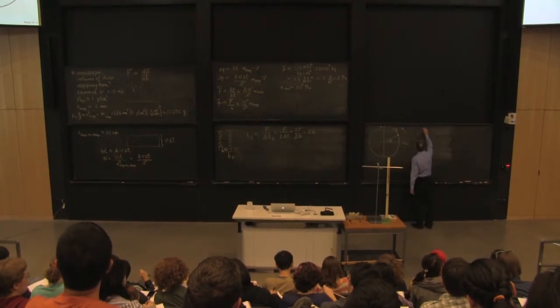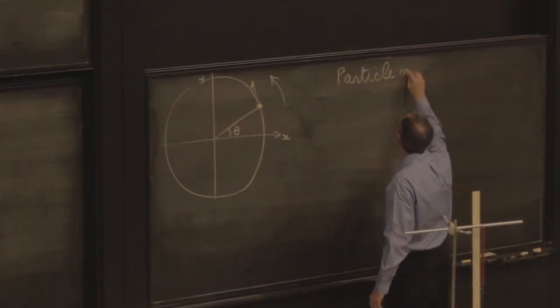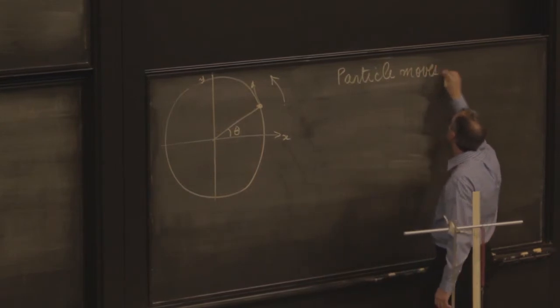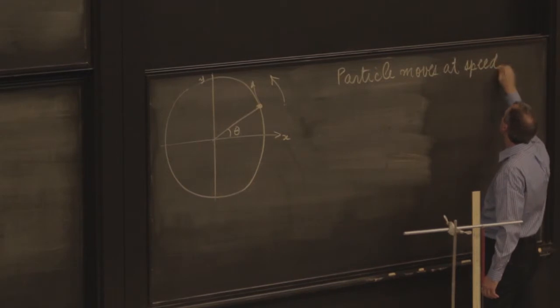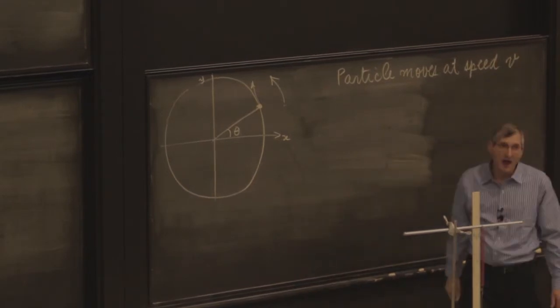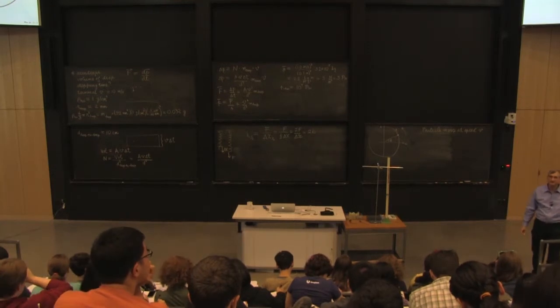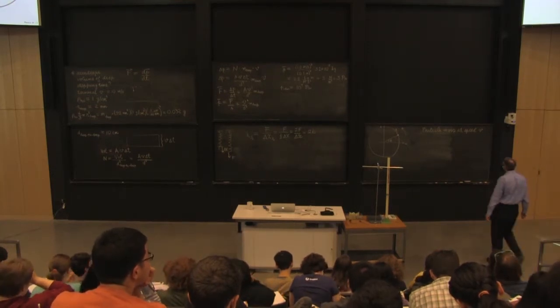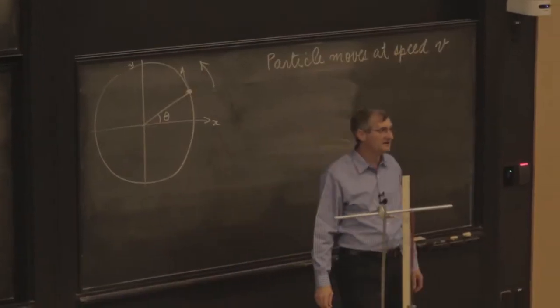So the particle moves around that circle at speed v. I want to know how fast theta is changing. What's the relationship between the speed v and theta?